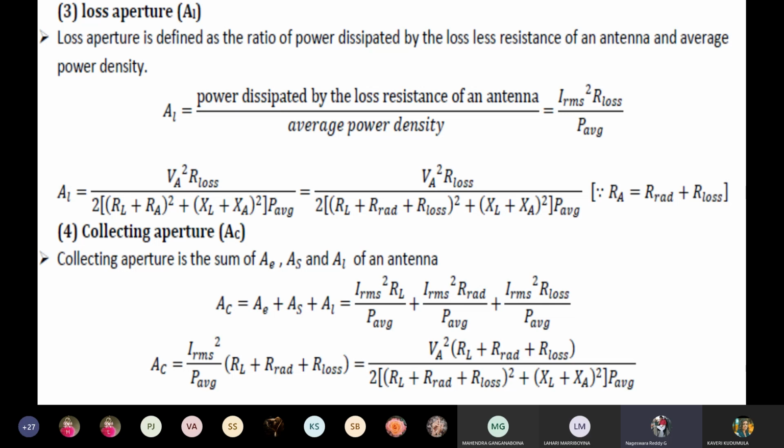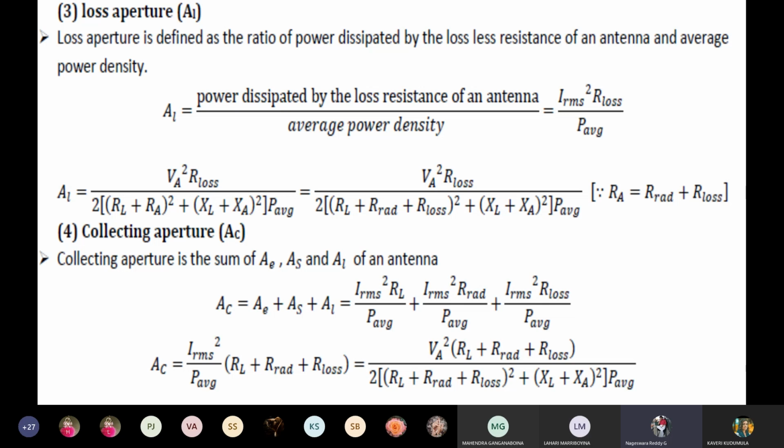So R loss, P average in the above equation, here also P average in the below equation, that is equal to V_A square into R loss by 2 into (R_L plus R_A) whole square, where R_A can be written as radiation resistance plus loss resistance, plus (X_L plus X_A) whole square, that is P average. In brackets you can observe that R_A is radiation resistance plus loss resistance.